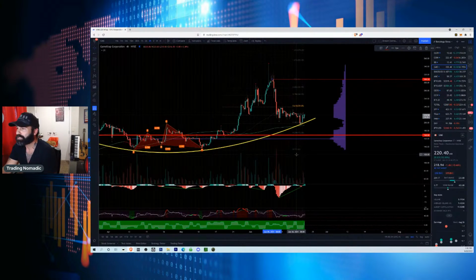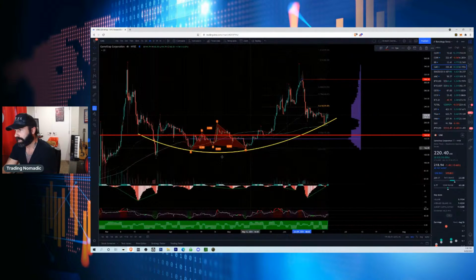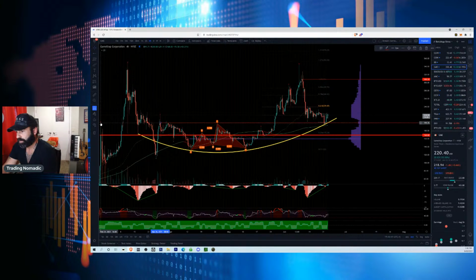And now we're kind of seeing the same type of thing, right? Because you've got this old resistance wick from February 24th that has been respected a few times, as support, as resistance, resistance, resistance, but we broke above it.